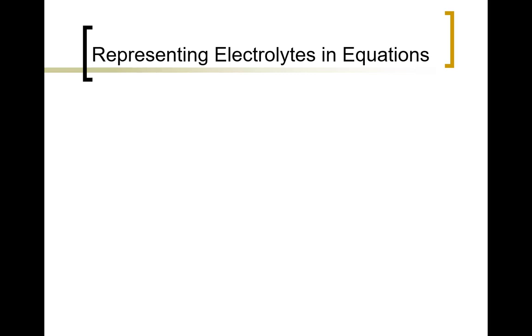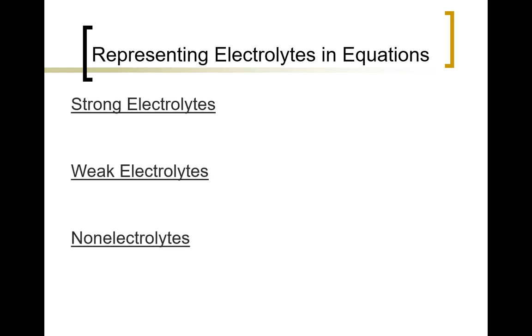Some of the questions for this particular lab ask you to represent the electrolytes in equations, so we're just going to take a quick look at how they want us to do that. It depends on the type of electrolyte. Off to the left here, I'm going to look at generic equations using letters like X and Y to stand for cations and anions.